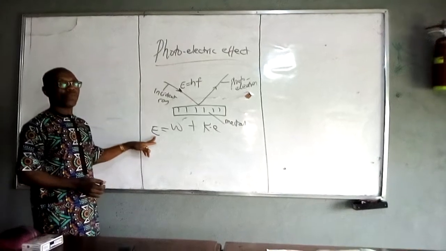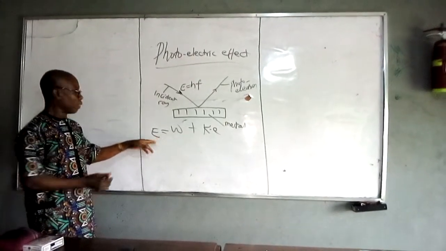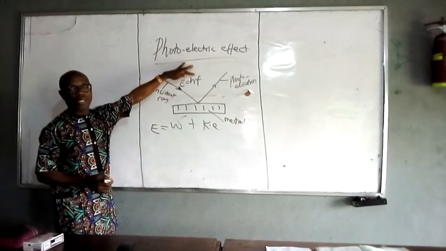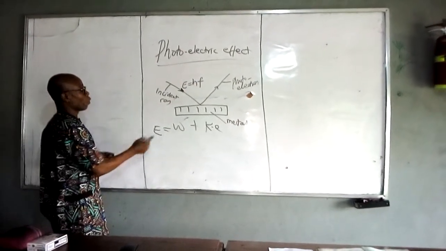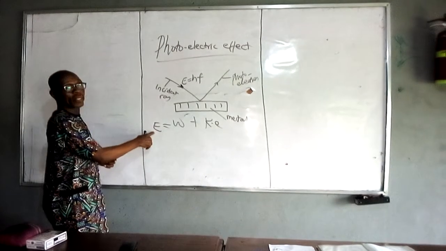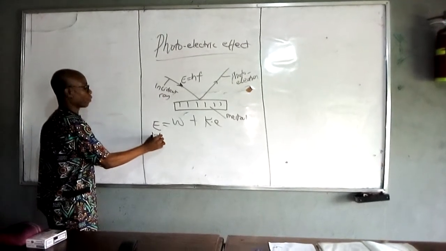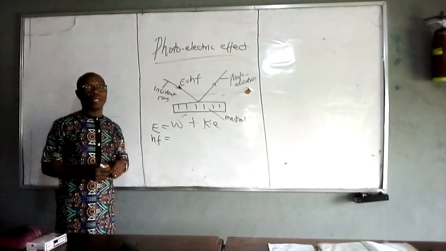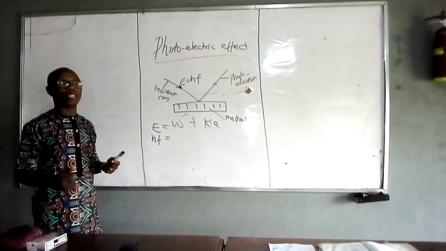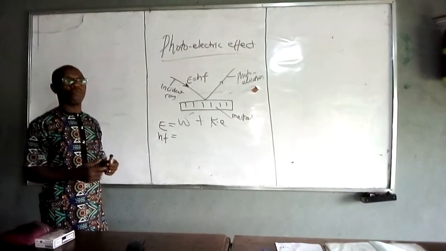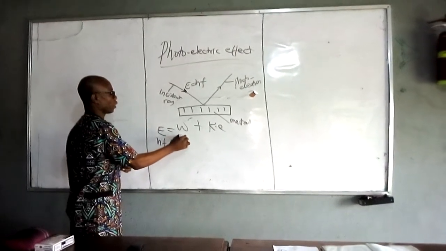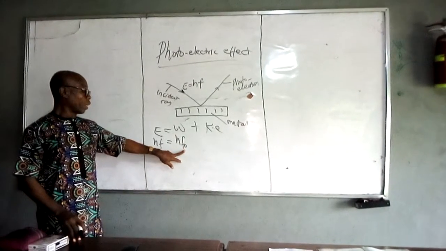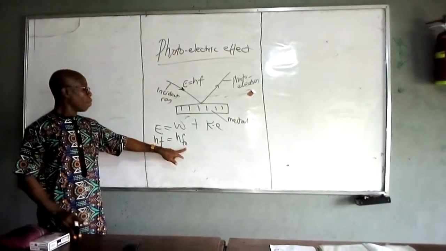This total energy of incident light, as I said, is the product of Planck constant and frequency of incident light. So we can replace this E with hf is equal to, and work function here is the product of Planck constant and threshold frequency, h f0, where f0 is the threshold frequency.